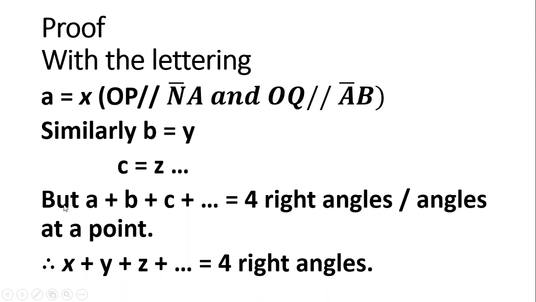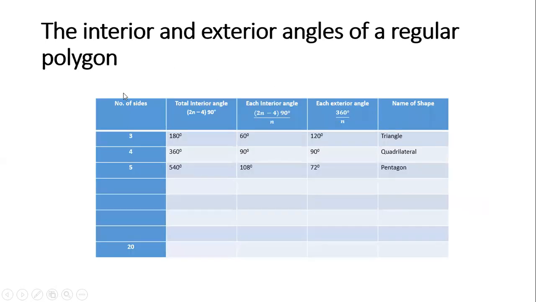And that's why we say, since we know that angle A plus angle B plus angle C plus angle dot dot dot up to the last angle is equal to 4 right angles, which is angles at a point, therefore, since X has a value equal to A, Y has a value equal to B, Z has a value equal to C, and so on to the last one, automatically they will also sum to angles at a point, which is 360 degrees, which is 4 right angles. End of proof.